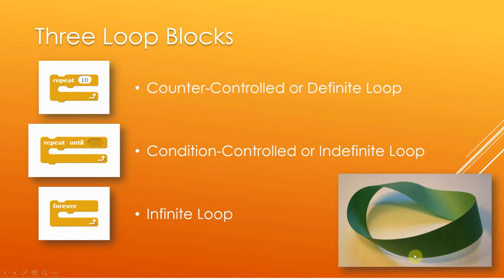If you make one of these at home, and we'll include a YouTube video on our supplementary materials page, we will show how you can color in the paper, and you'll only be able to color it in with one color, because although it seems like it has 2 sides, it actually only has one.